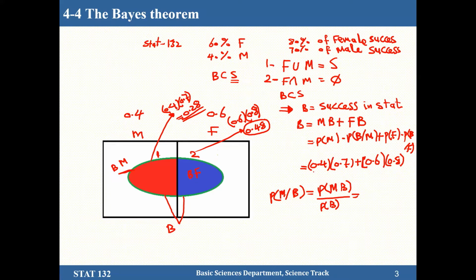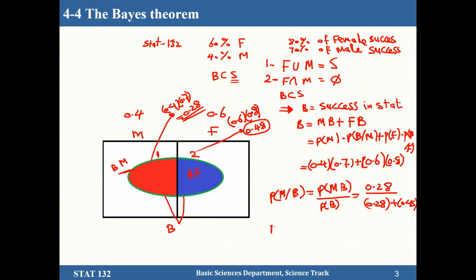Success is P of male multiplied by probability of success given male plus probability of female multiplied by probability of success given female. So this equals 0.28, which is 1, over 1 plus 2: 0.28 plus 0.48.